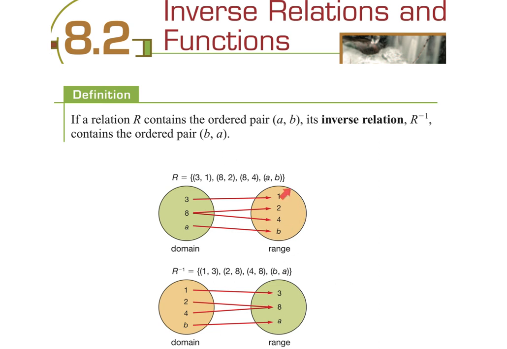This is my domain, this is my range. If I were to look at the inverse of that, every single one of these just switched x and y's. My 3 and 1 became 1 and 3, 8 and 2 became 2 and 8, and so on. And you'll see in the mapping diagram, now this is my domain for my inverse, and this is my range for my inverse. They literally switch places, all right?